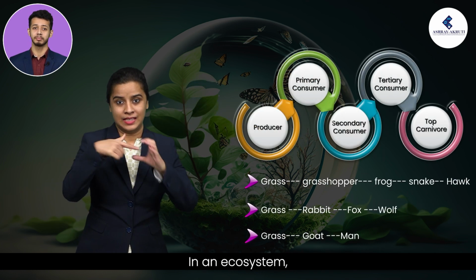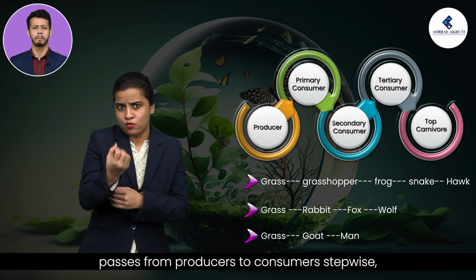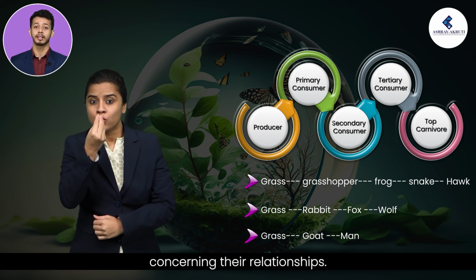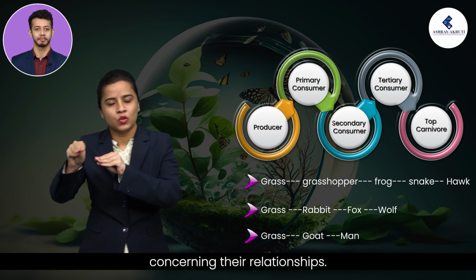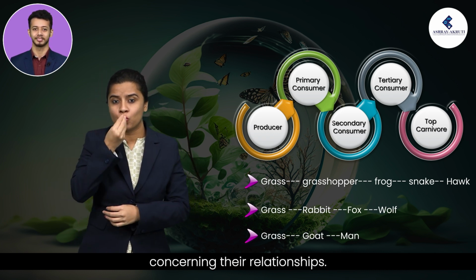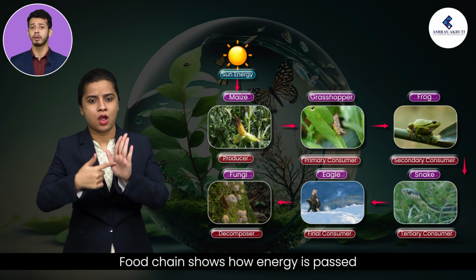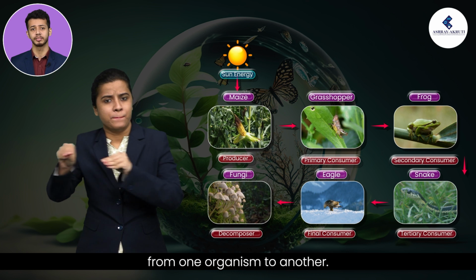In an ecosystem, the energy-rich food passes from producers to consumers stepwise, concerning their relationships. Food chain shows how energy is passed from one organism to another.